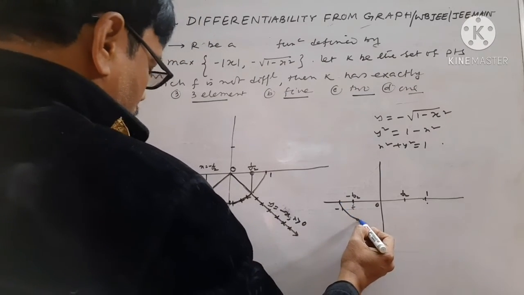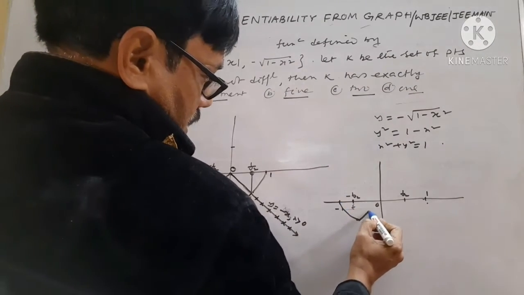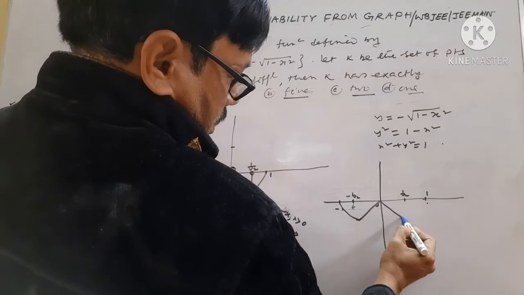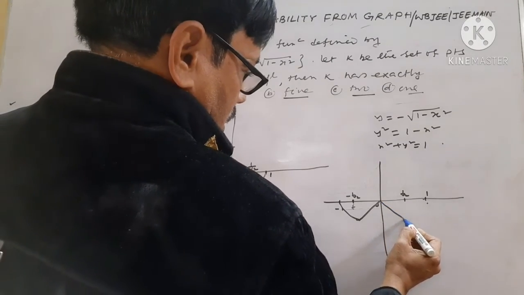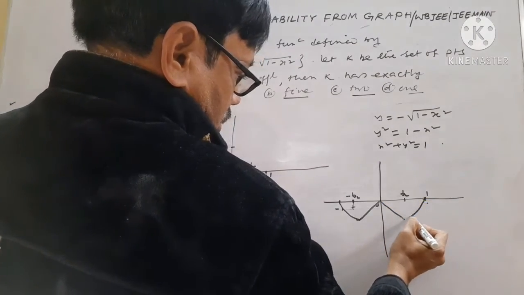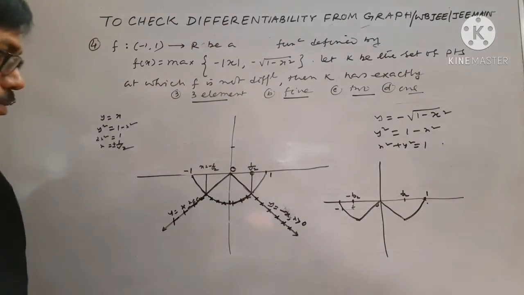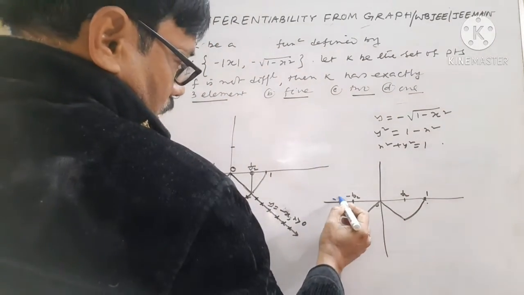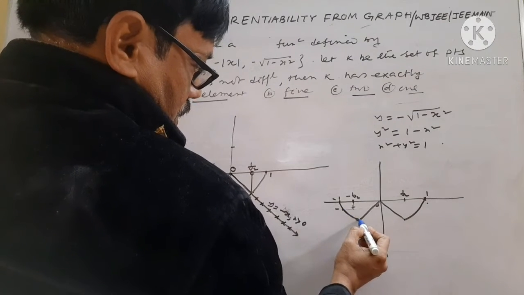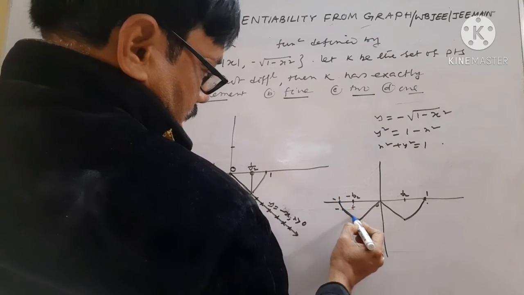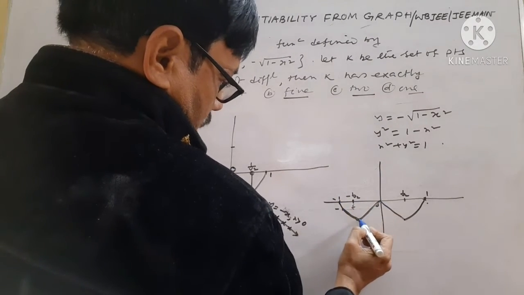So this type of arc, then this type of arc, then circle. So minus 1, this is 1 by root 2. This is circle. This is y equals x.